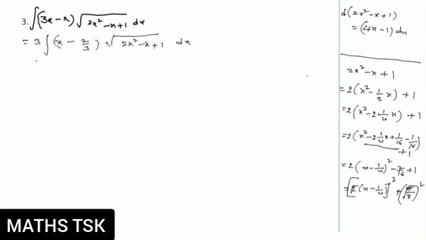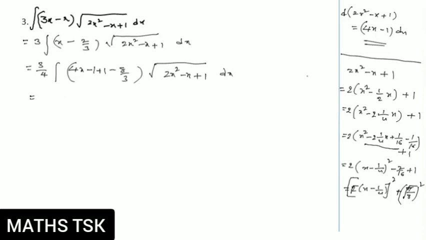Okay. Next, since I have 4x minus 1 here, so I divide with the 4, 3 by 4 into integration of 4x minus 8 by 3, isn't it? For this I add minus 1 and plus 1, so that this becomes 2x square minus x plus 1 into dx.